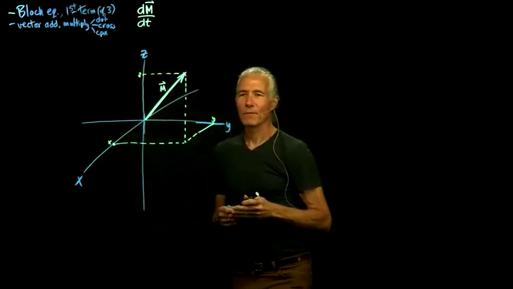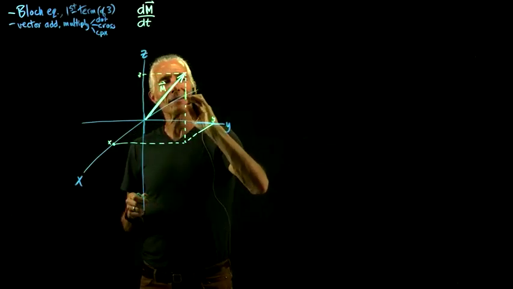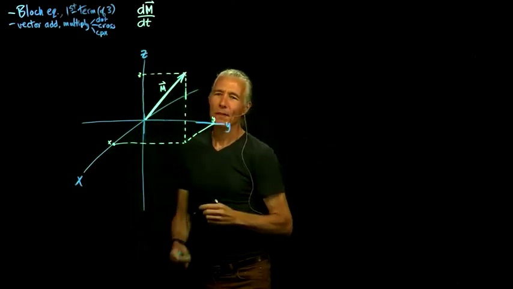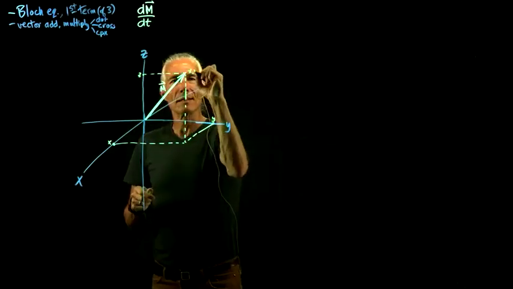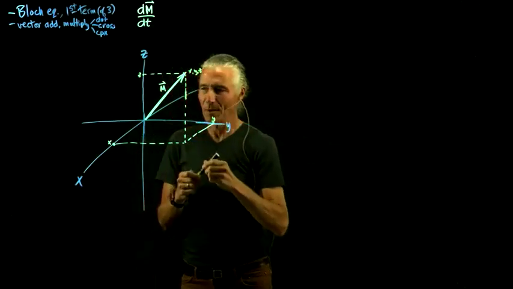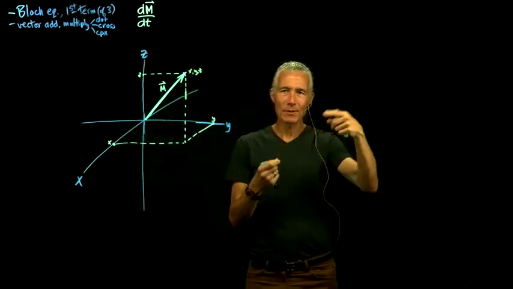Let's make sure this guy goes in front of that one. So you can describe this thing by x, y, and z. A vector is just an arrow pointing in some direction with a certain length.